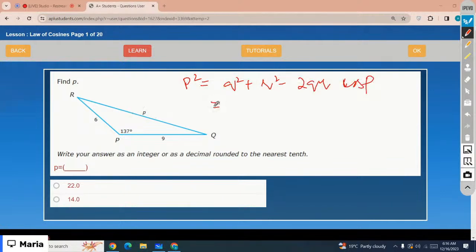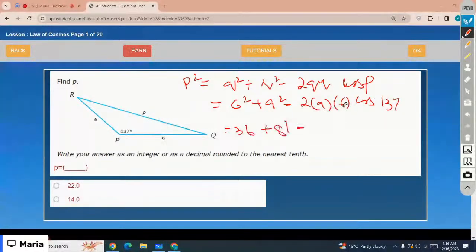So q equals 6 square plus 9 square minus 2 times 9 times 6, and cos of angle p is 137, right? Just do the calculations. 36 plus 81 minus, just do the calculations and see which is the correct option.